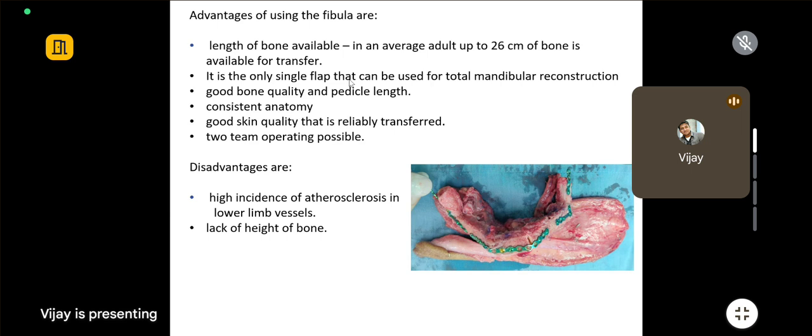Nonsi et al. did some vertical distraction. However, the results were not that good. In this image, you can see the total mandible is reconstructed with this fibula. The ramus part is attached to the condyle, and the anterior part, the lateral segments.